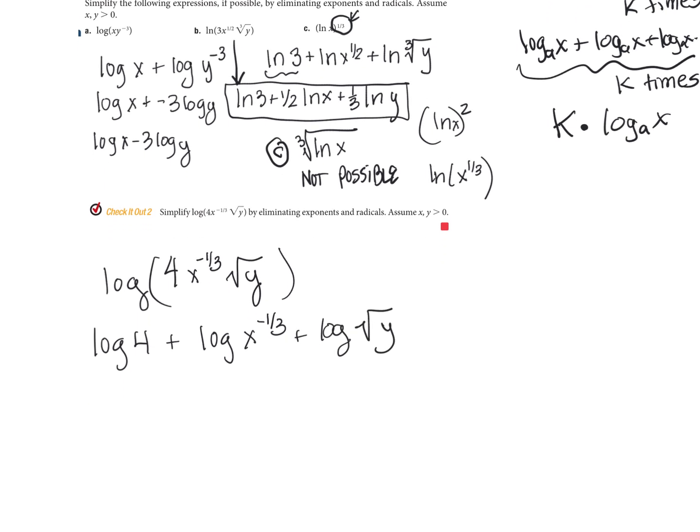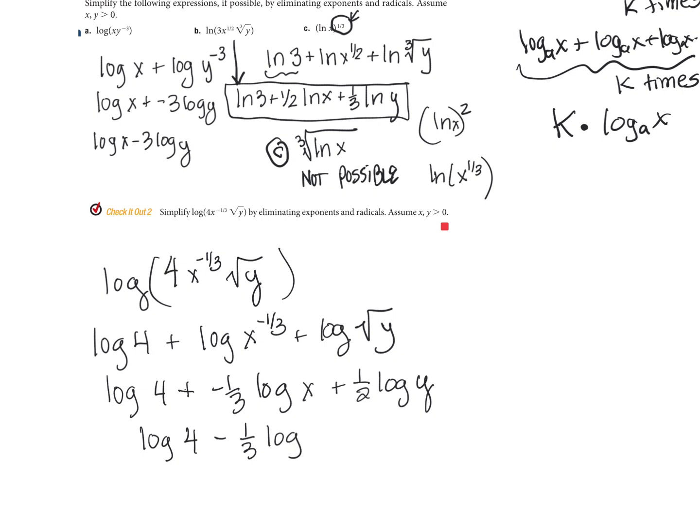And now each exponent is going to come down in front. Remember that a square root is a 1/2. If these were all the same exponent, then we could collect like terms, but they are not the same variable. There we go.